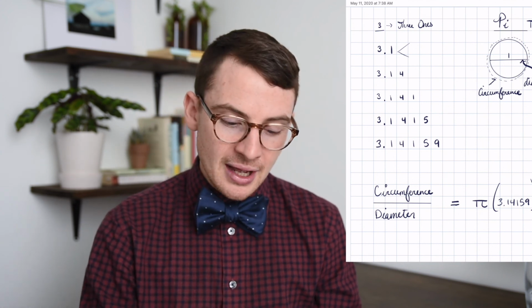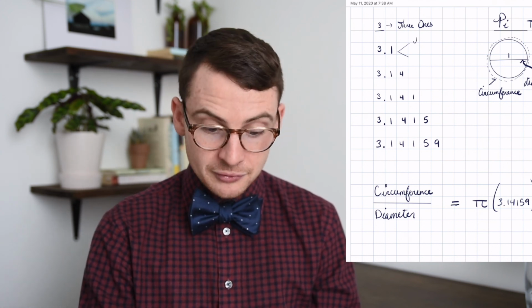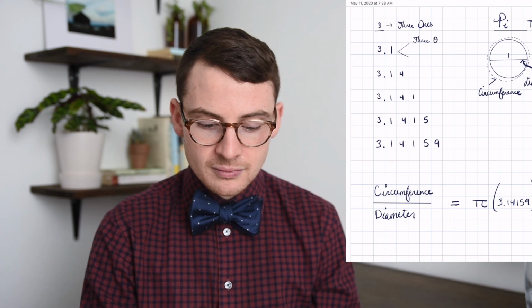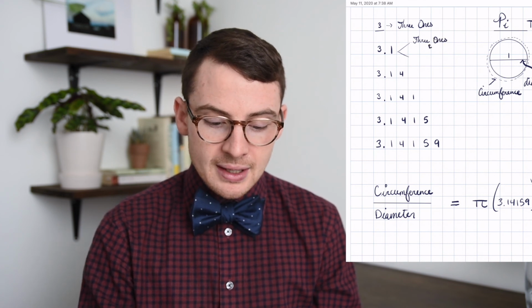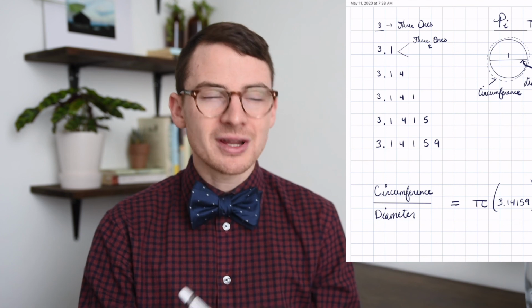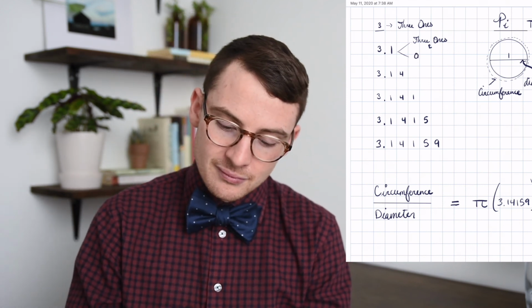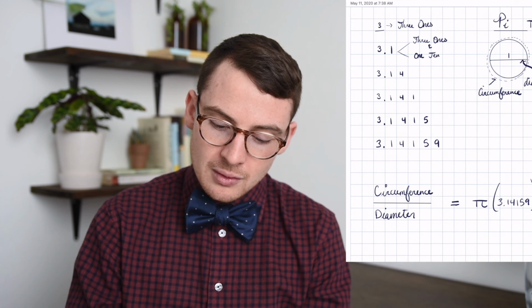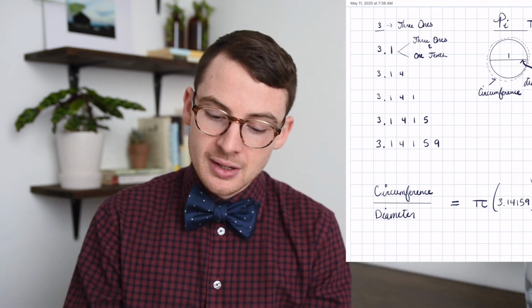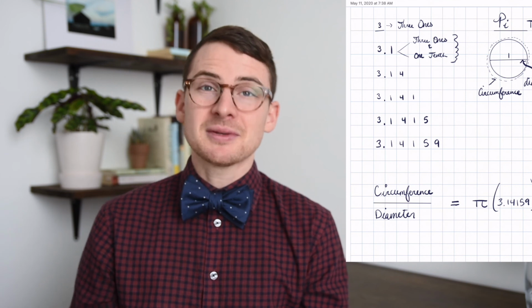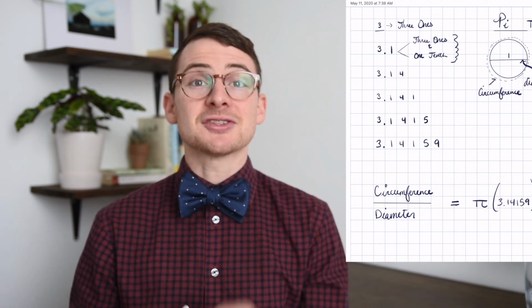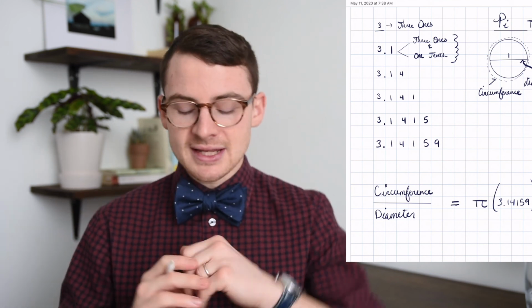We have 3 ones, and, ooh, very interesting, 1/10. So if somebody said, what is 3.1? You would say that is 3 ones and 1/10.